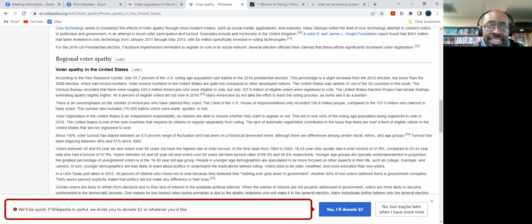This percentage is a slight increase from the 2012 election, but lower than the 2008 election, which had record numbers. And I do want to point out, even though it's not listed here, that in our last presidential election, we had over 170 million people that cast their ballots that year.